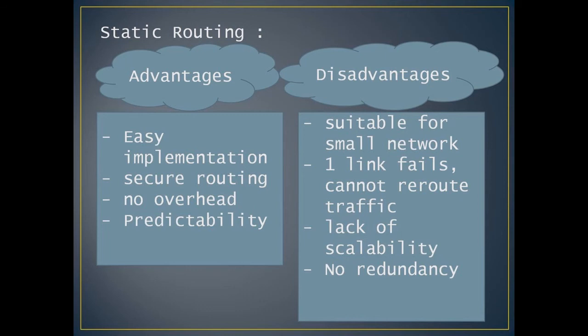Why? If a link fails it cannot reroute the traffic, because it must be done manually by the administrator. Next, lack of scalability. Why? For example, the 200 segment network mentioned earlier can be 100 routers or 50 routers, which will be dealing with thousands of routing table entries.